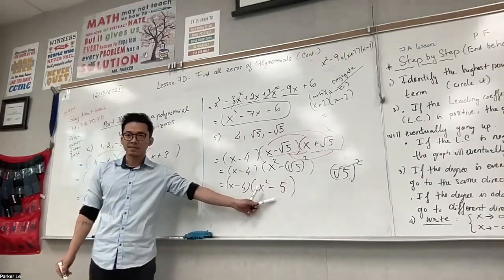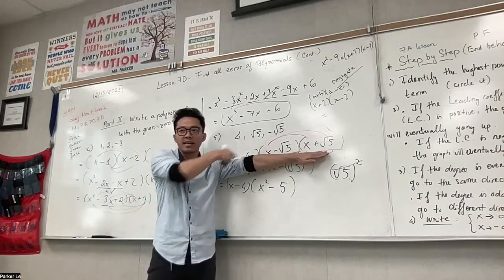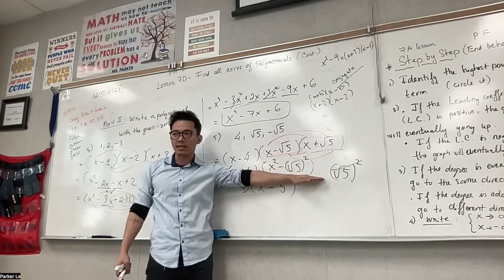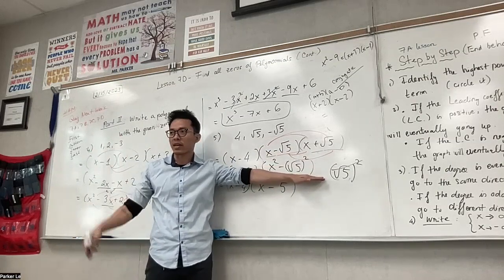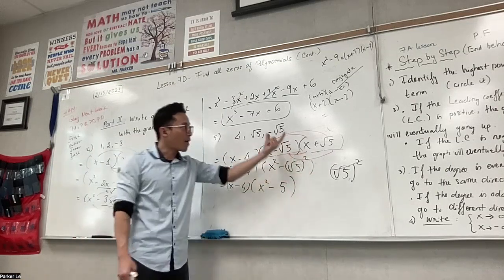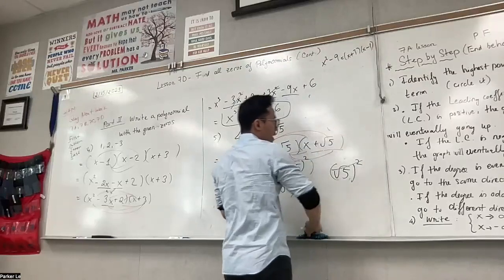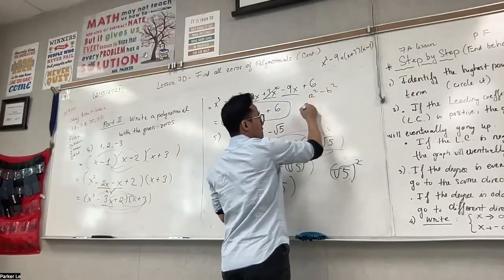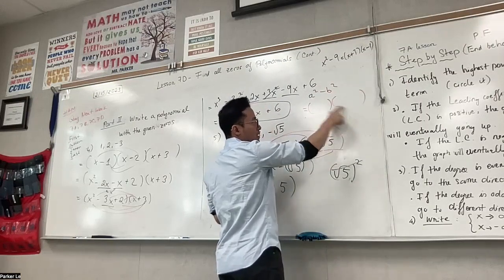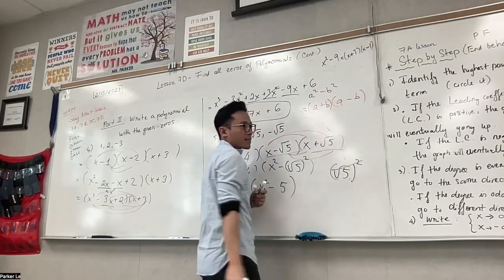So are you with me in here? From the first line, are you with me? The first line, write down. Are you with me on the second line? Or you want me to review it? Just raise your hand. Okay. This is the difference of square. The formula we have learned is a square minus b square, two parentheses, first term, second term, one plus, one minus.